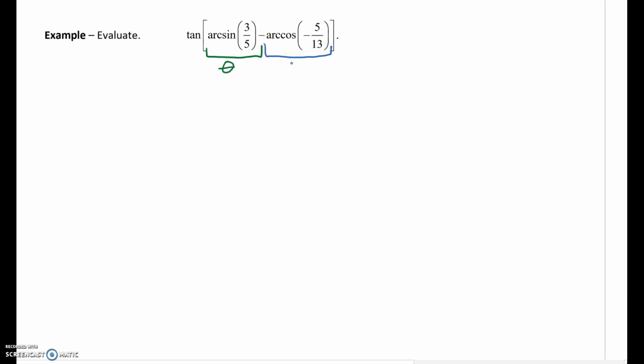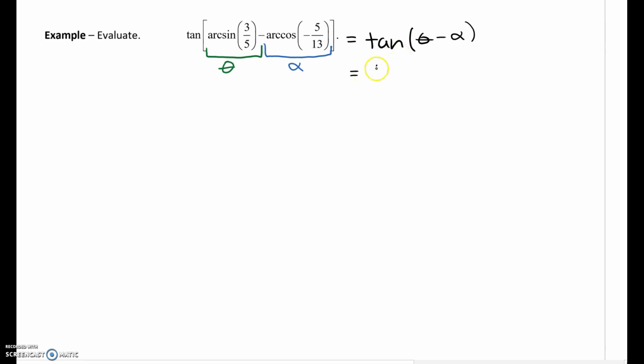So we'll call the first one theta, and we'll call the next one alpha, because I'm better at drawing those than the little squigglies. So what we're really dealing with right now is tangent of theta minus alpha. This is one of the formulas that you've already memorized, right?